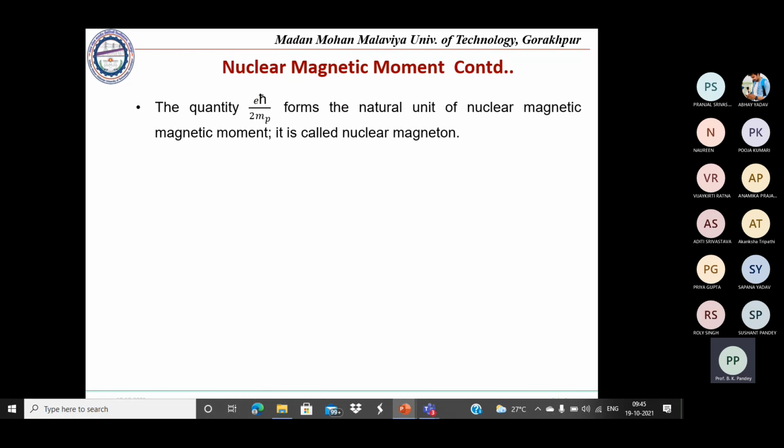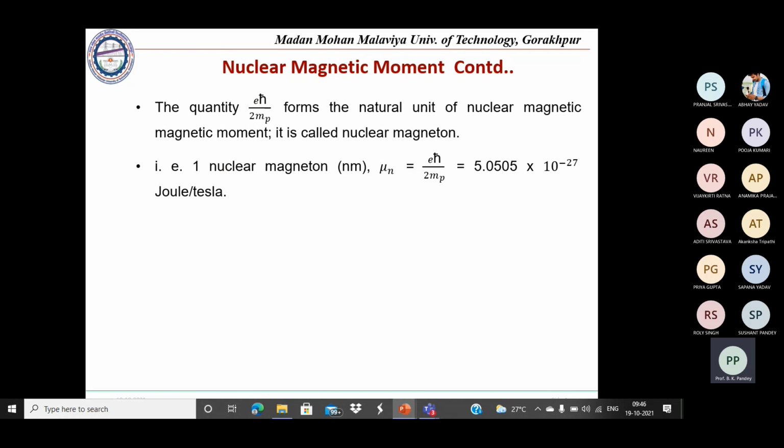The quantity e h cut upon 2 mp forms the natural unit of nuclear magnetic moment, and it is called the nuclear magneton. Means that we already have discussed what is the Bohr magneton. Similarly here we have the nuclear magneton.